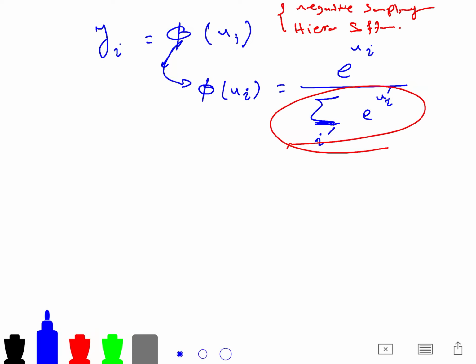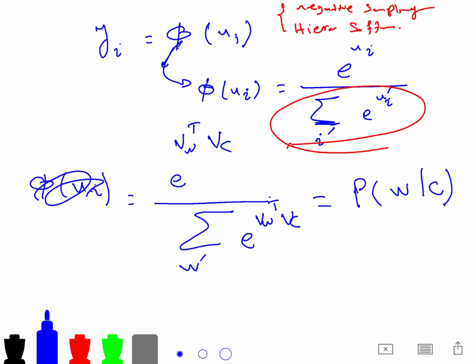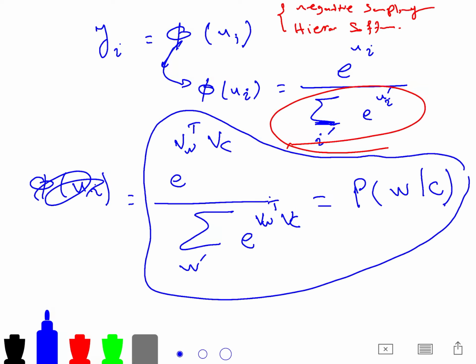So what I want to say is that phi of UI, for any UI, is e to the v omega transpose VC over the summation over W prime of e to the v of omega prime transpose VC. And this is just the probability of word given the context.